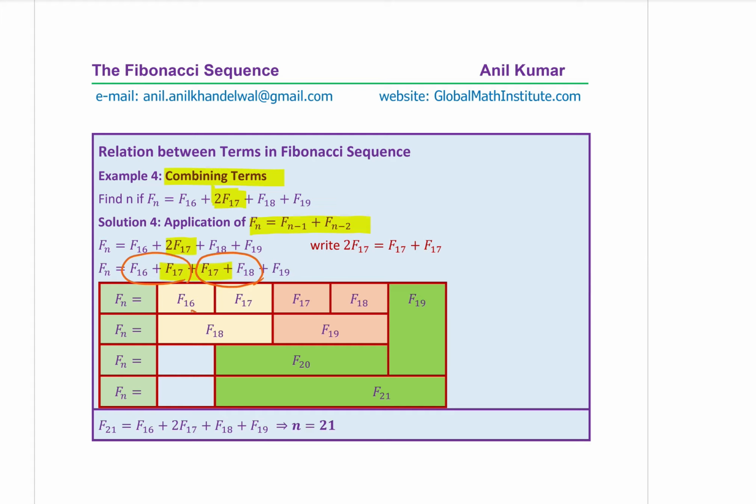So when you combine f16 and f17, you get f18. And when you combine f17 and f18, you get f of 19. Once you get that, you can do another level of combination: adding f of 18 and f of 19 should result in f of 20, and then f of 20 with f of 19, we get f of 21. And therefore, the answer for this will be f21. So many algebraic operations in this fashion can be done to solve examination style questions.